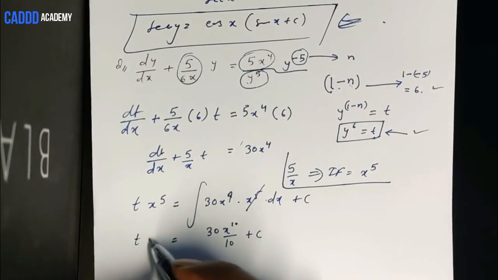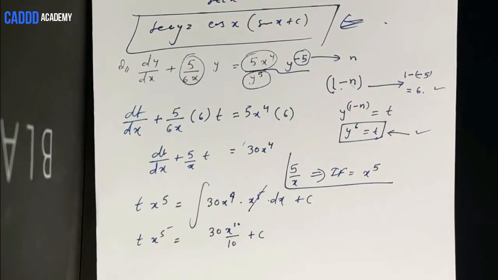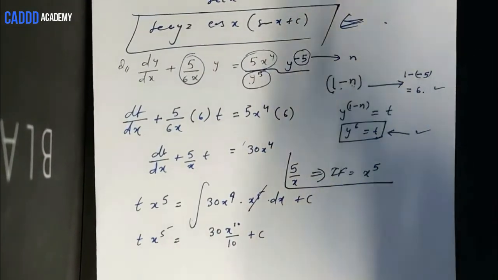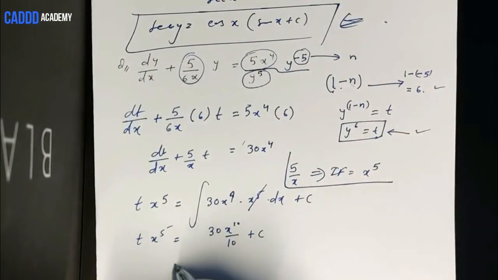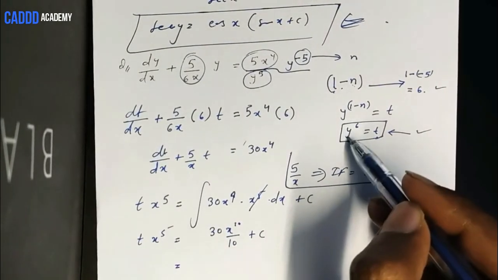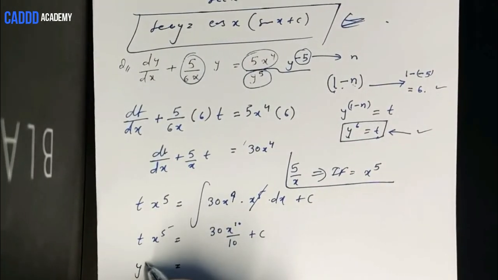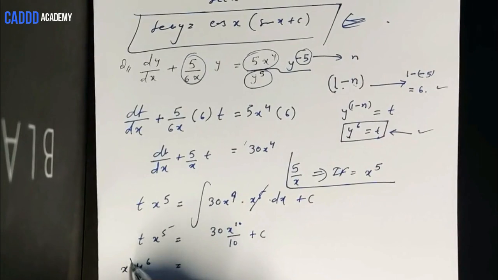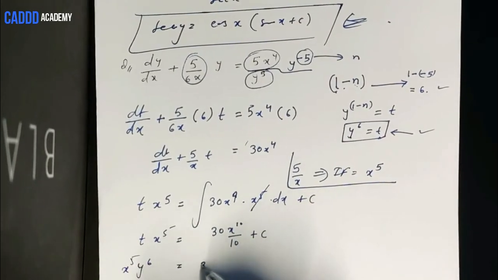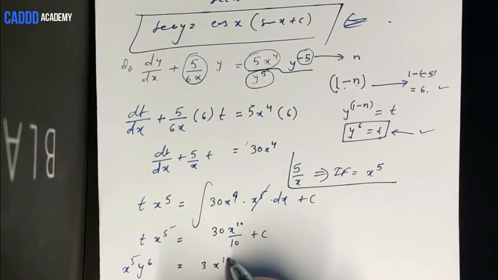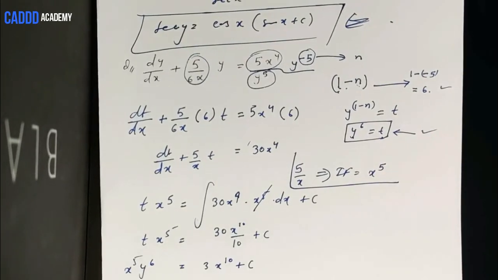Here we have t into x to the power 5. What we assumed t was y to the power 6. So y to the power 6 into x to the power 5 is equal to 3 into x to the power 10 plus c.